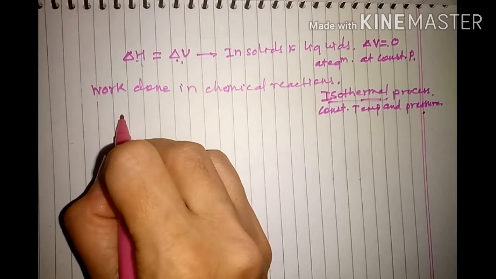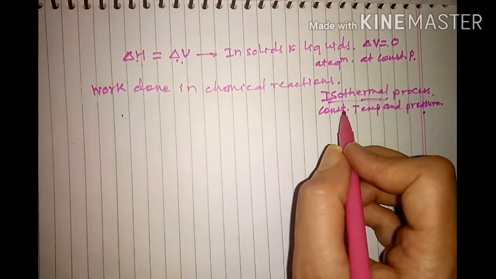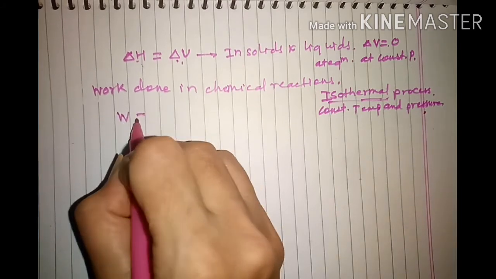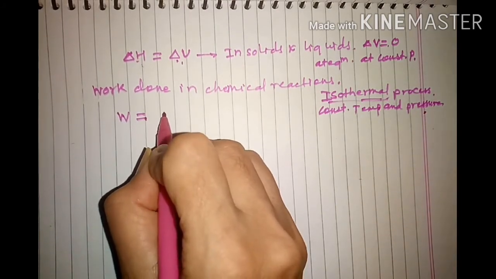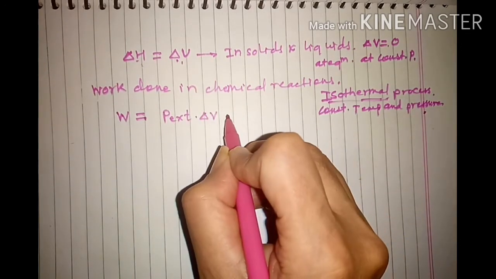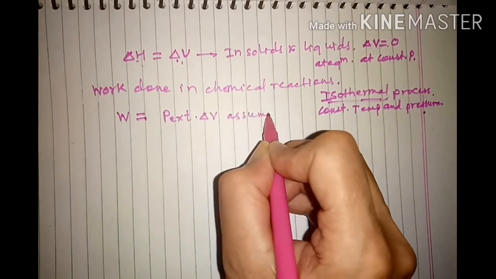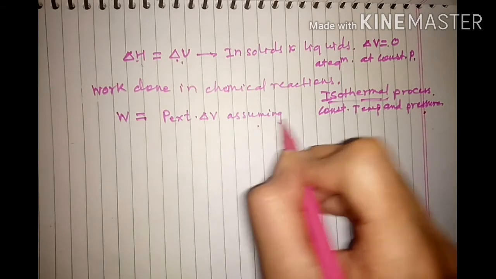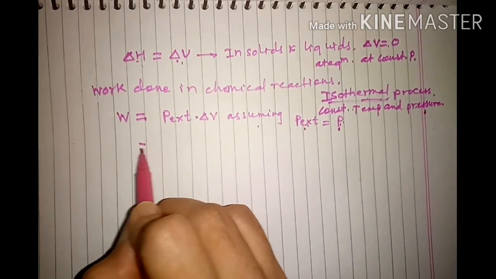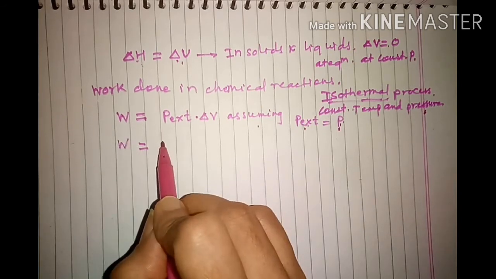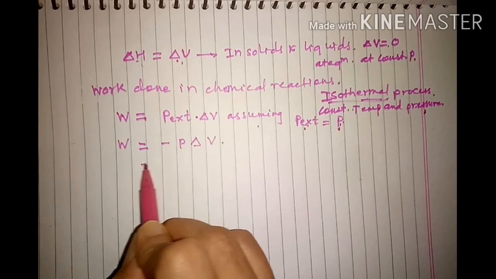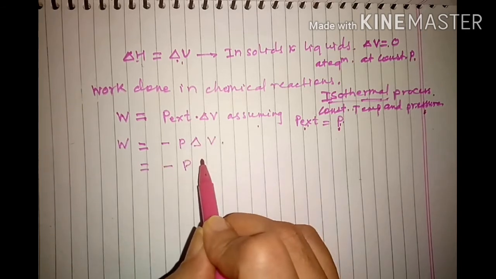Now when these are the conditions for any given chemical reaction, you can calculate W equal to P external into delta V. Assuming P external equals P, here you can write W equals minus P delta V. Now what is this delta V?